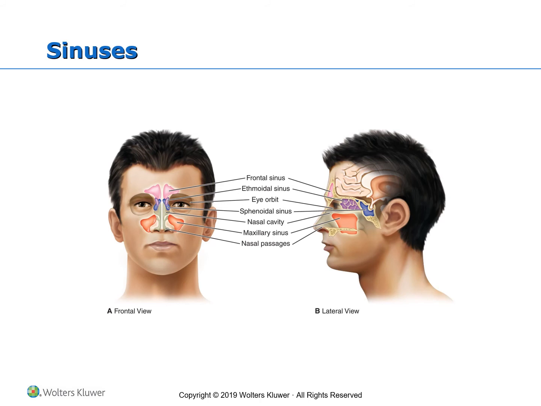Sinuses, and this is a representation of the sinuses that I was talking to you about before, that we have in different bones. We have the frontal sinuses, at the level of your frontal bone, and ethmoidal sinuses, and you can see here how the ethmoid bone sits behind the eye socket, and we have two of them.